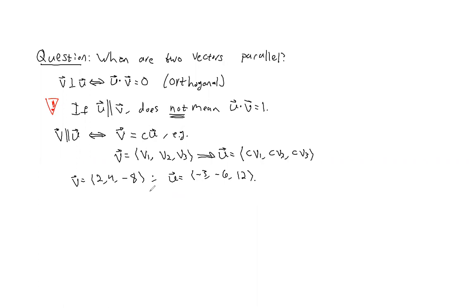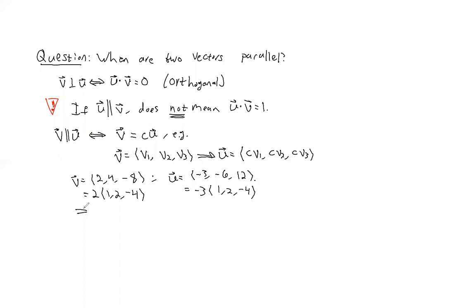Well, the question is, are these vectors scalar multiples? Are these guys parallel? And yes, they are. You notice, for example, that V is equal to 2 times the vector 1, 2, -4, and U is equal to -3 times the vector 1, 2, -4.